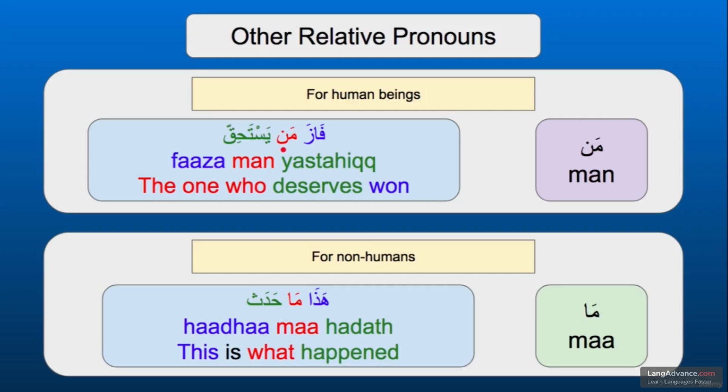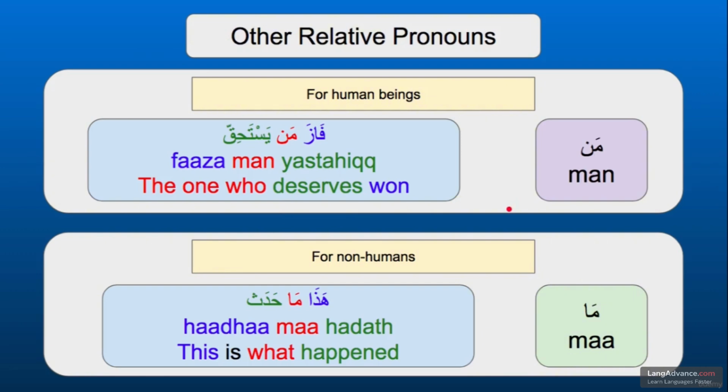So the sentence would be the one who deserves won. So the person or the one who deserves the winning actually won. So فاز, which means won, and من is our relative pronoun, and يستحق means deserves in third person male singular form.